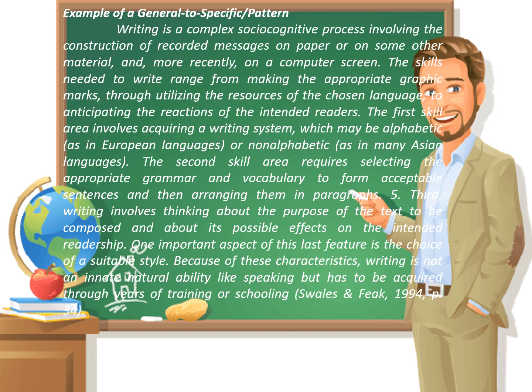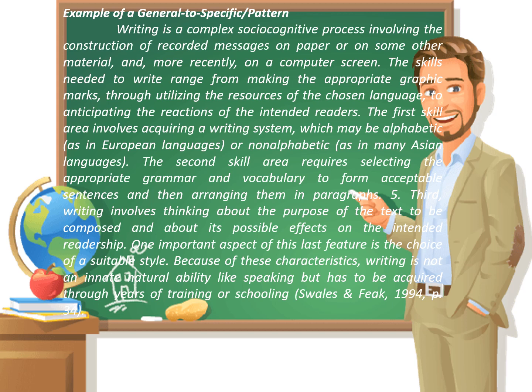Writing is a complex socio-cognitive process involving the construction of a recorded message on paper or on some other material, and more recently, on a computer screen. The skills needed to write range from making the appropriate graphic marks, through utilizing the resources of the chosen language, to anticipating the reaction of the intended readers.